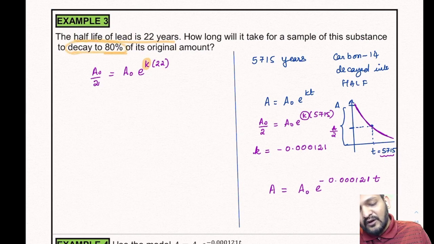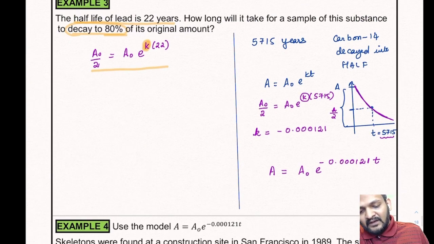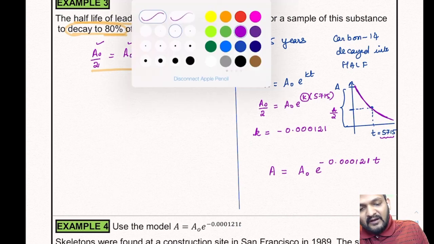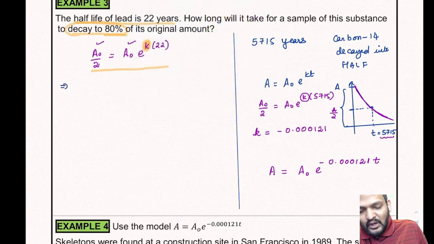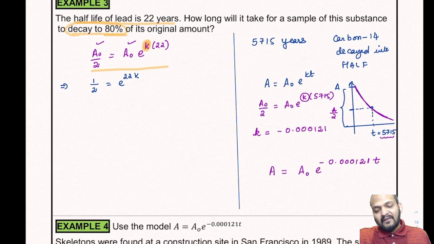So first we need to figure out the k, the decay rate for this particular lead. Here's the equation that we set up. Let's solve this for k. Since A sub 0 on both sides is the same, I can divide by A sub 0 on both sides. I am going to have 1/2 equals e to the 22k. Then I have to solve for k.